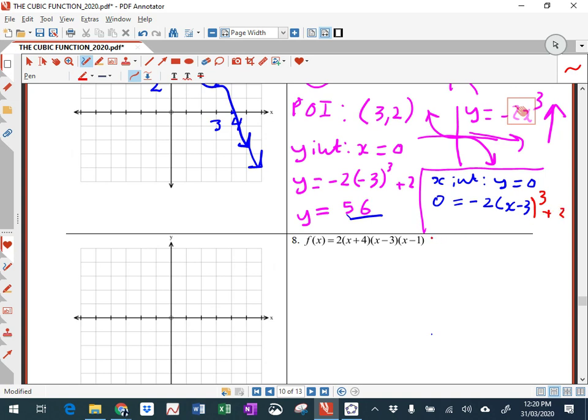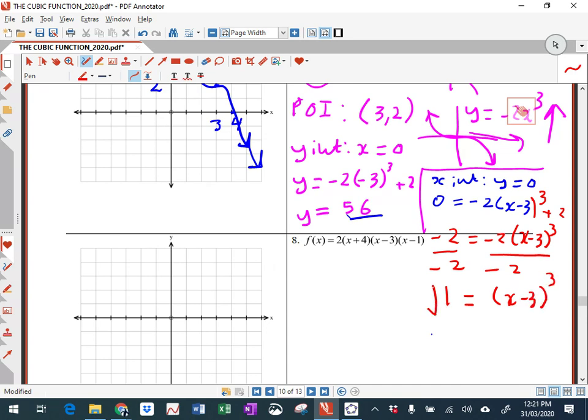So that's going to give me minus 2 equals minus 2 times x minus 3 cubed. Divide by minus 2. You're going to get 1 equals x minus 3 cubed.